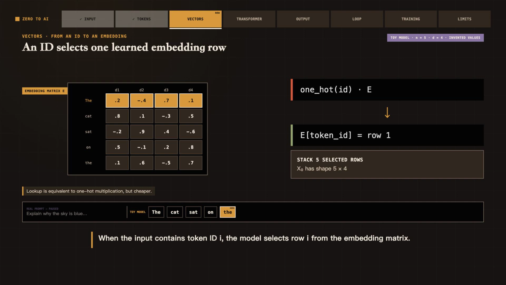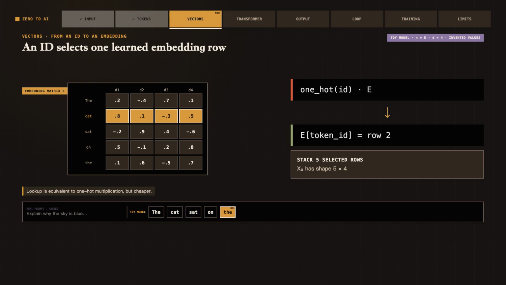When the input contains token ID i, the model selects row i from the embedding matrix. In code, this is an embedding lookup: X at position i equals row i of the embedding matrix. You can also describe the same operation as matrix multiplication.